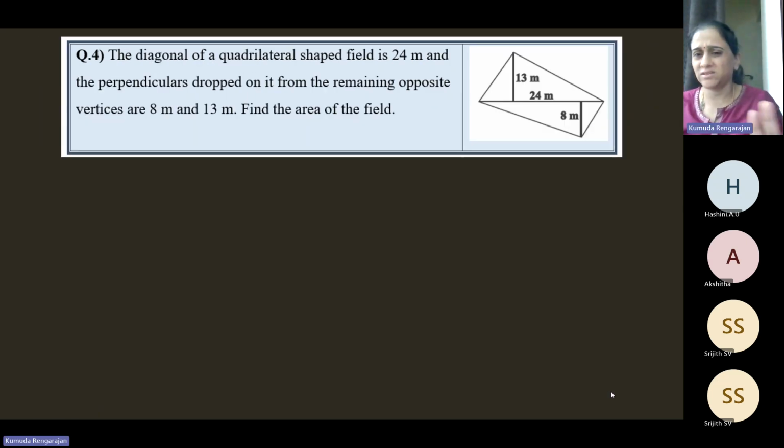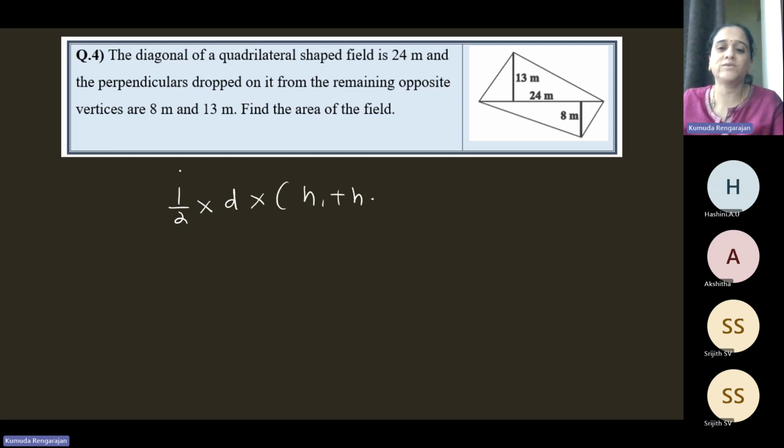No, we are not working this. What's the formula? Half into base. No, half into D into H1 plus H2. Half D into H1 plus H2.